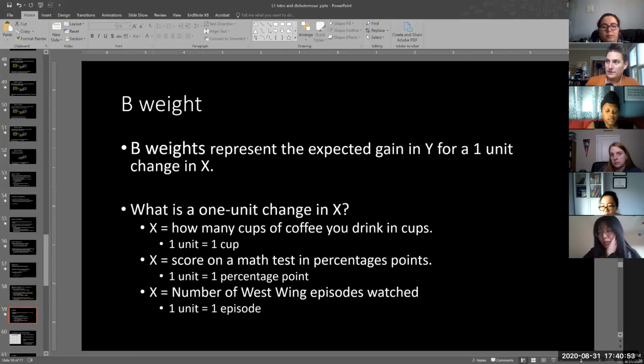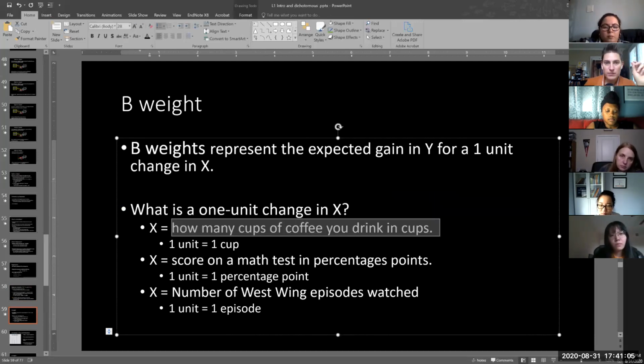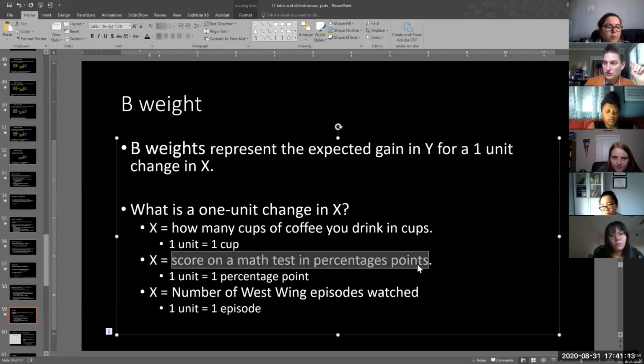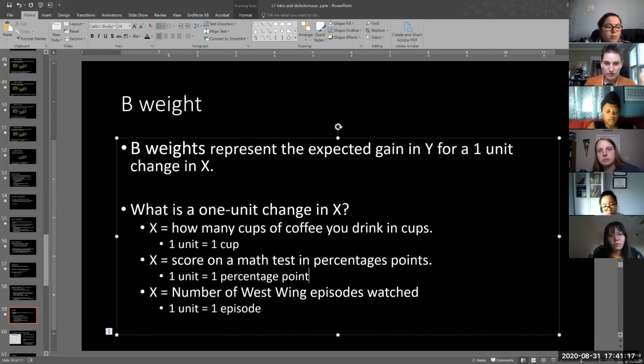So the b weight, again, represents the expected change in y for a 1 unit change in x. What is a 1 unit change? If my x is how many cups of coffee I drink, measured in number of cups, then 1 unit is 1 cup. If my x is score on a math test in percentage points, like out of 100, then 1 unit is 1 percentage point.